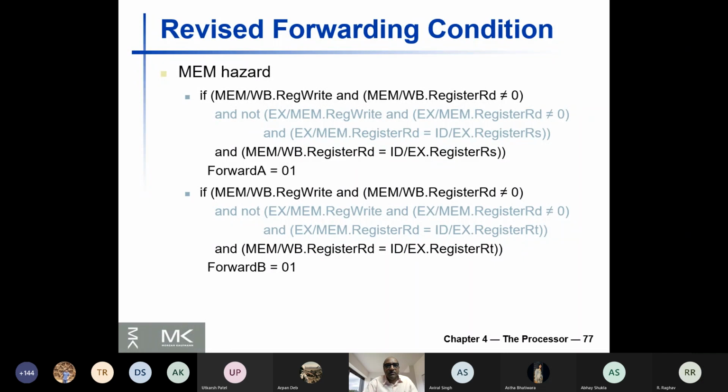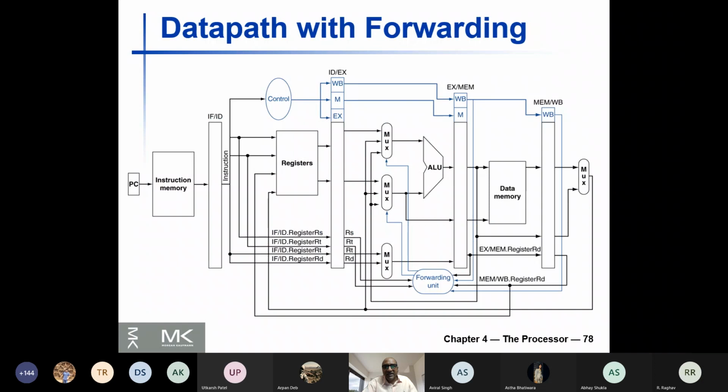That further refines the forwarding circuitry. So this is the final forwarding circuit for detecting the hazard, as well as for forwarding the appropriate outputs from the execution stage or the memory stage, right? You can see the inputs coming from here.